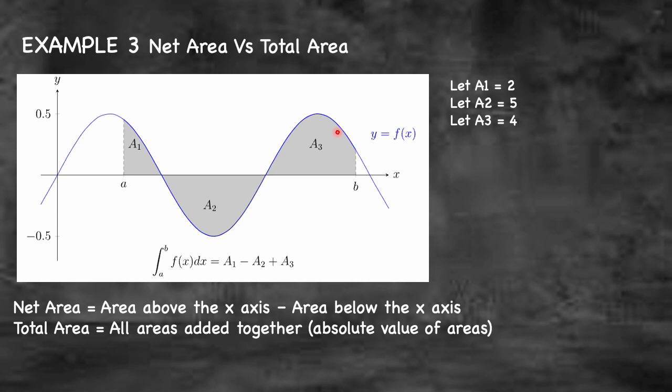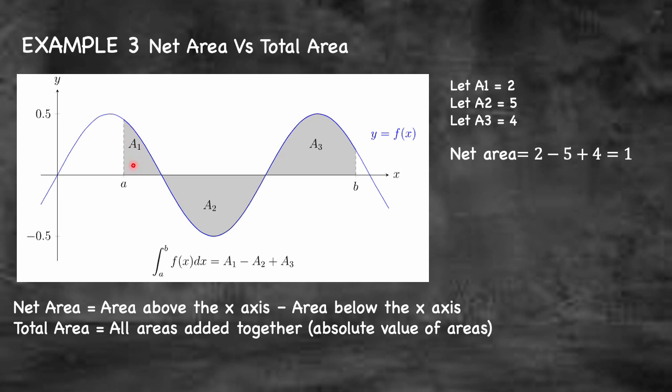So looking at an example, I just made these numbers up for an example. Let's say the area A1 is equal to 2. Let's say the area A2 is equal to 5. And the area A3 is equal to 4. If I want to find the net area, that means we're going to take the signs into consideration.